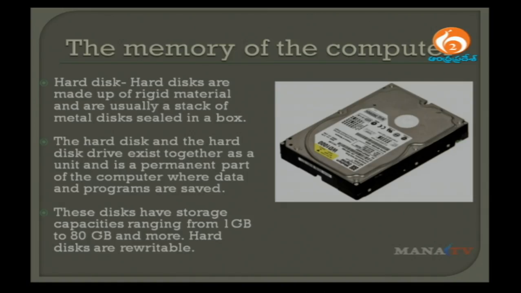All right. Now let us see the second point in the memory of the computer. The hard disk and the hard disk drive exist together as a unit, and it is a permanent part of the computer where data and programs are saved. If you open My Computer, you have local disk C, local disk E, and different kinds of partitions.